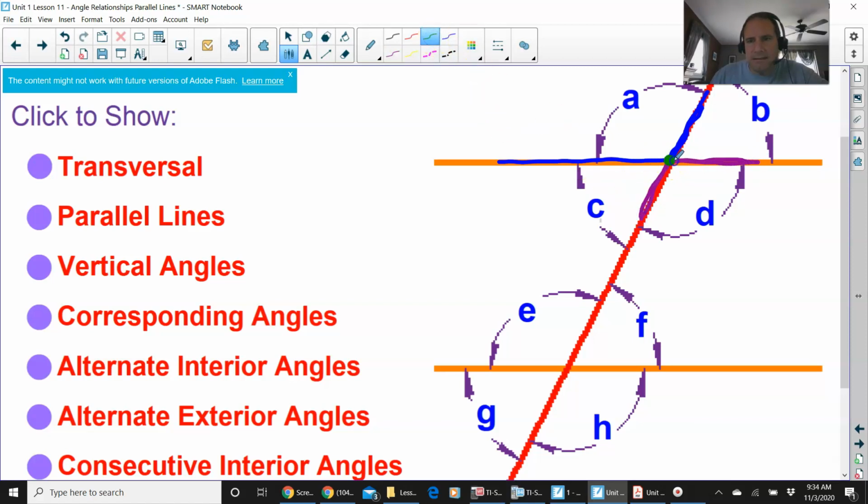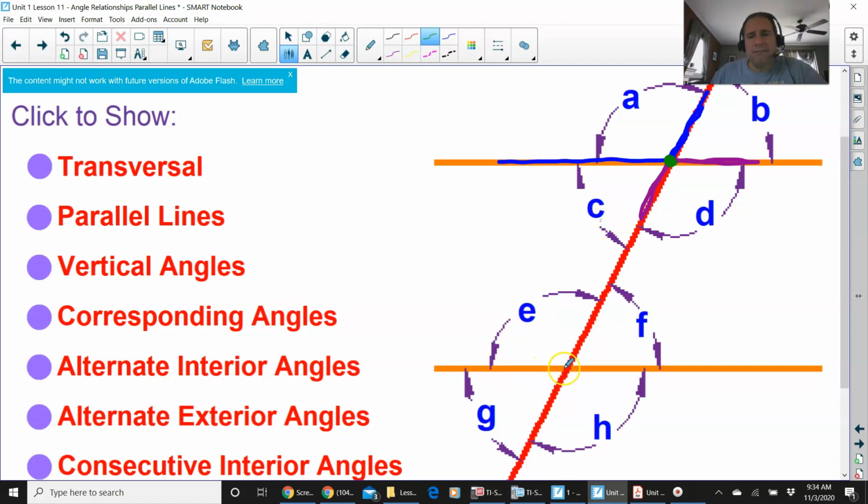Where they meet and across, these are vertical. A and D, they're vertical angles. They meet at the point of the V, an upside down V and a regular V. And then B and C, they meet at the point also, vertical angles directly across from each other, and they are congruent. So it's A and D, B and C.